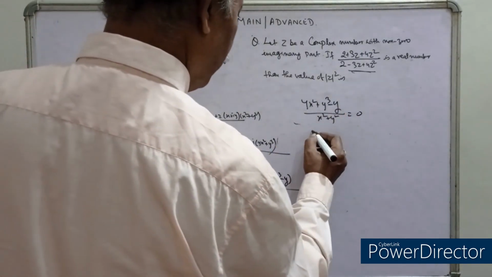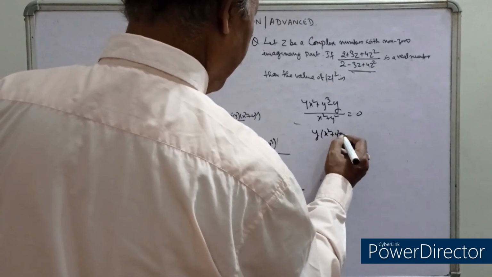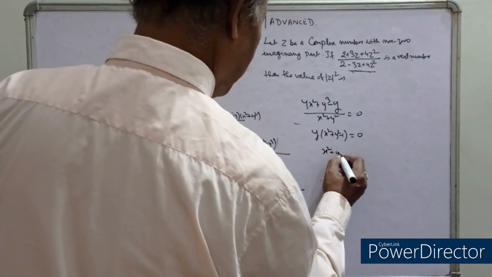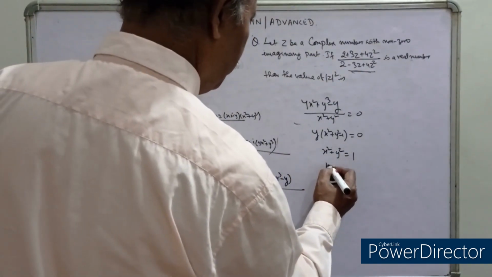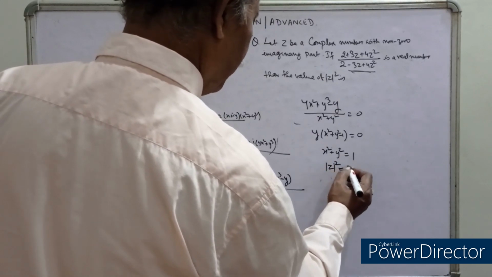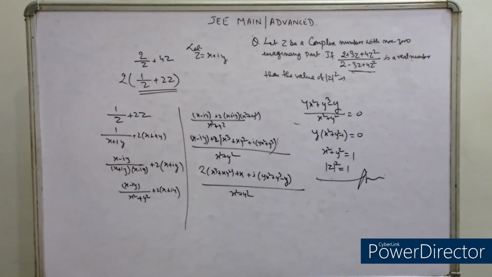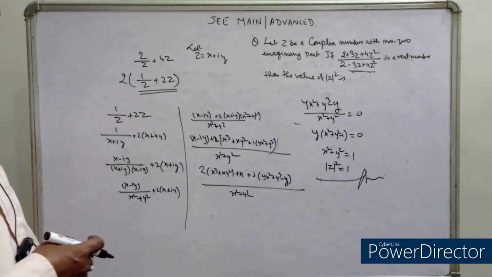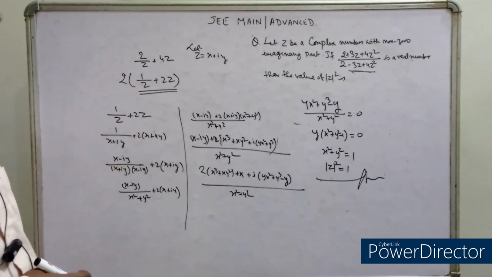Now if you take y common here, x square plus y square minus 1 is equal to 0. So x square plus y square is equal to 1, and this is modulus Z square is equal to 1. So this is your answer. Here you see, to solve it I have to minimize the value of Z. Only then I will be able to solve it. So this is your answer.